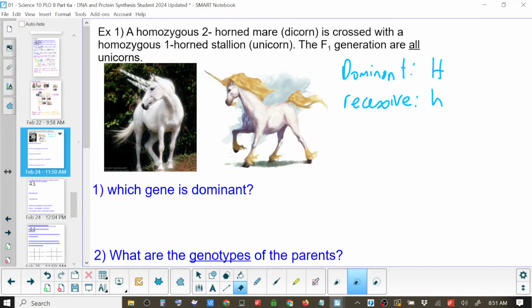Which trait is being masked, and which one do you see? One horn. Yeah, one horn. One horn is being masked? No, I didn't say that. Which one is being masked? There you go.